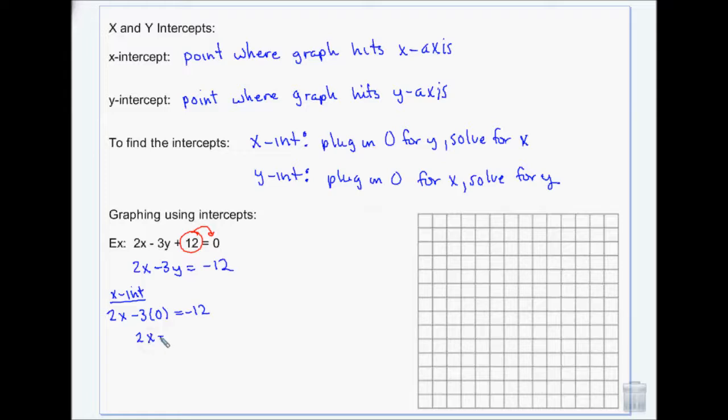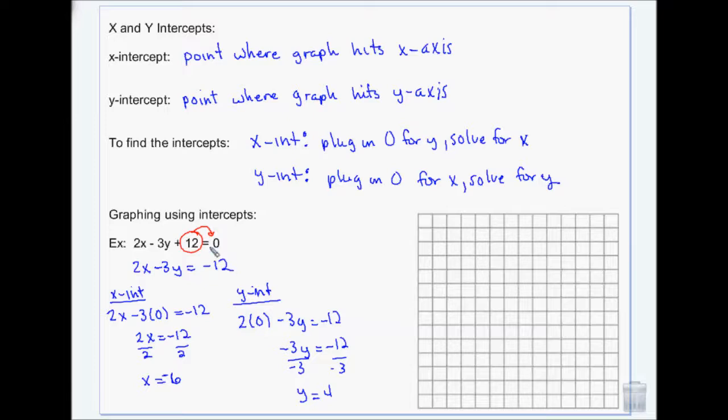So I get 2x equals negative 12, so x equals negative 6. And then to find the y-intercept, I plug in 0 for x. So I get negative 3y equals negative 12, not 13. Divide by negative 3, and y equals positive 4.